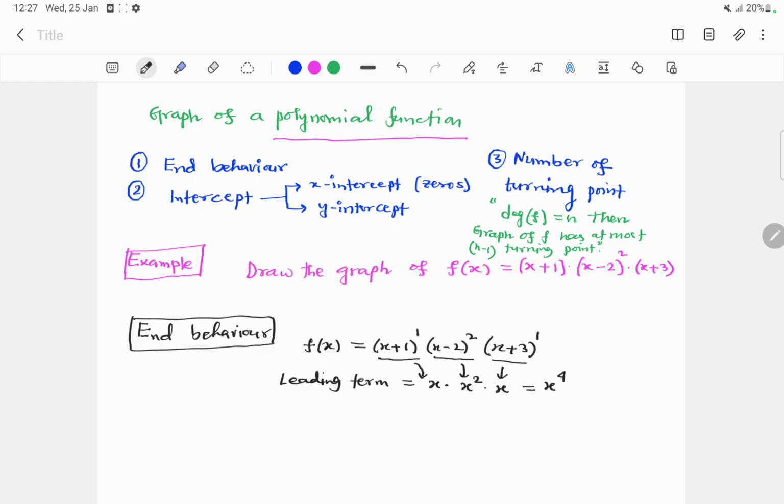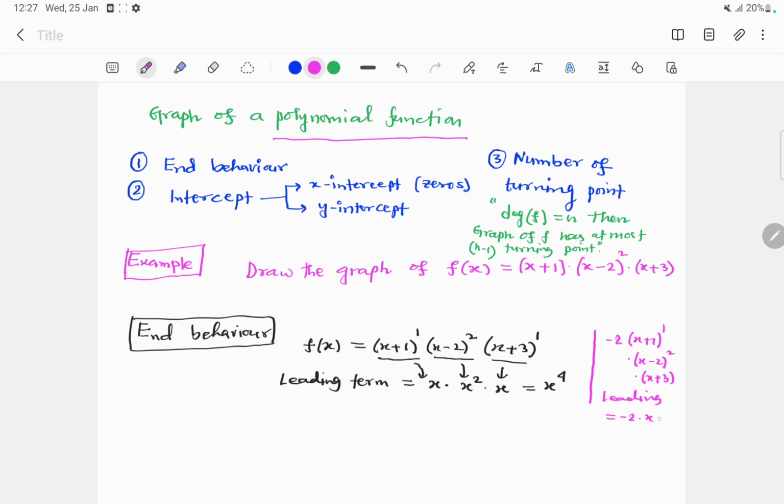Now let me tell you the situation. If instead your polynomial is minus 2 times (x plus 1) to the power 1 into (x minus 2) whole square into (x plus 3), then the leading term will be, in this case, you have to take this minus 2, and the rest will be the same.